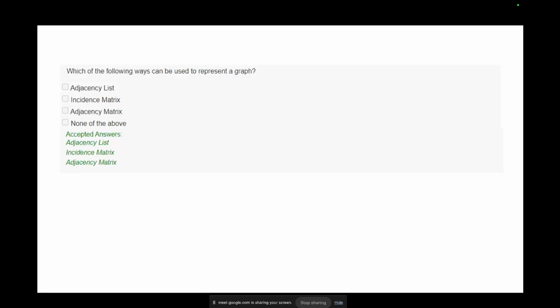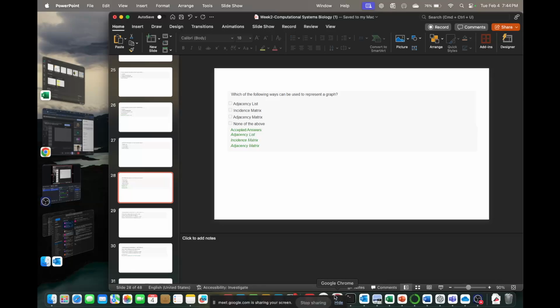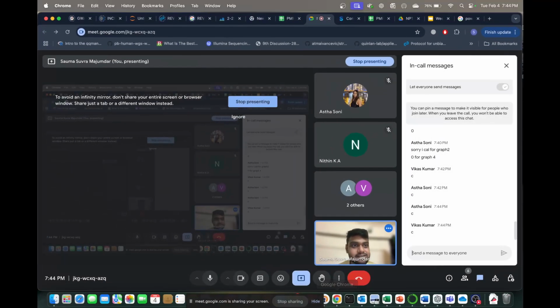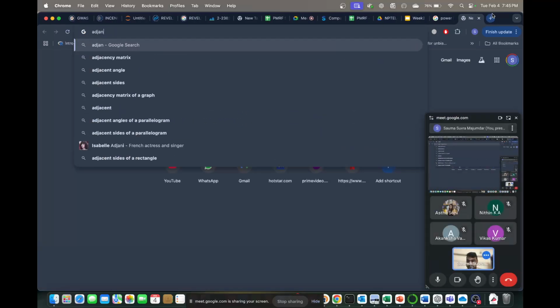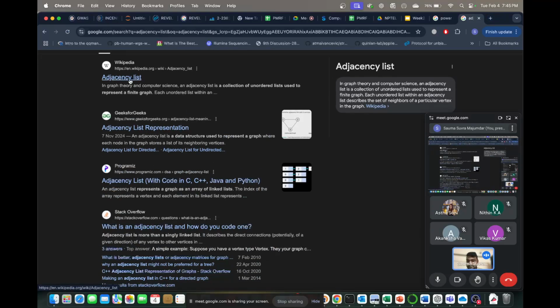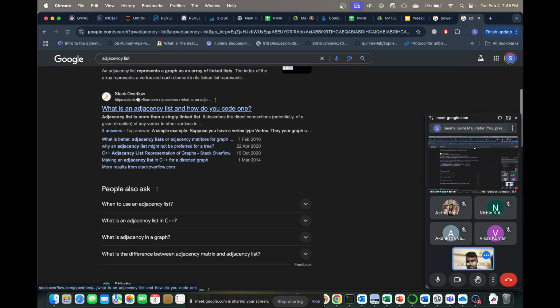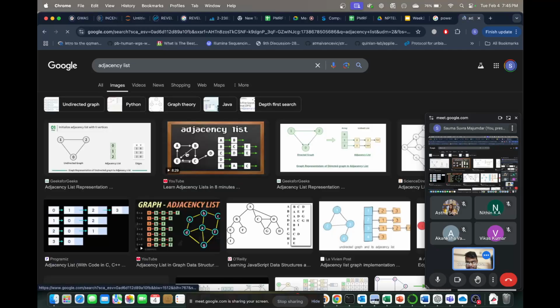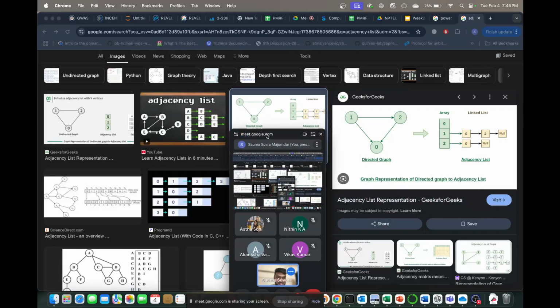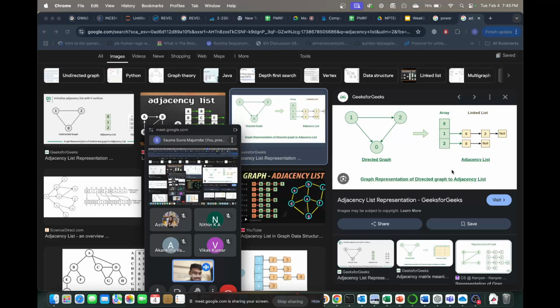So we talked about the adjacency matrix only, but an adjacency list and an incidence matrix can also be used to show this. So this was a multiple option correct question anyway. I'll show you. So this is how you can represent it as an adjacency list.